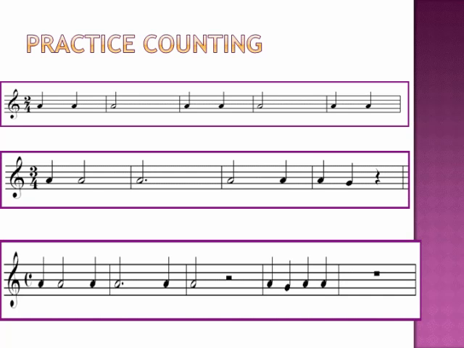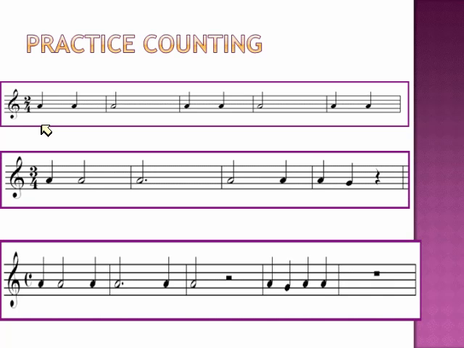Here's line number 1. It is 2/4 time. That means 2 beats in a measure. A quarter note gets 1 beat. So I'm starting right here. That starts on 1. Okay, I'm going to count this line for you. 1, 2, ready, count. 1, 2, 1, 1, 2, 1, 1, 2.